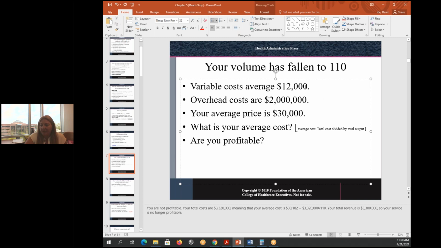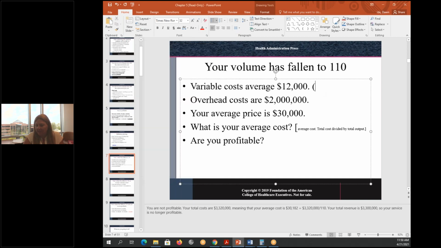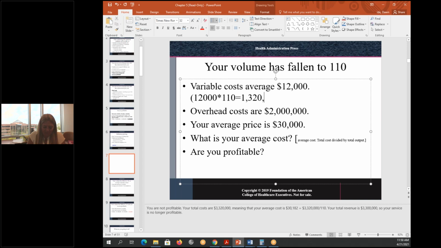All right, so now we're doing 12,000 times 110. Oops, let me bring over my calculator here. So 12,000 times 110 is 1,320,000 in total variable costs.